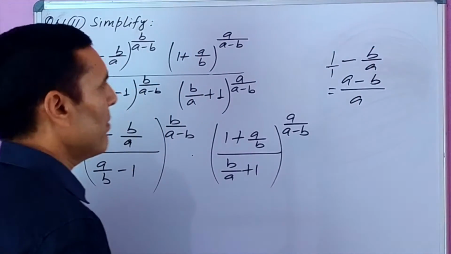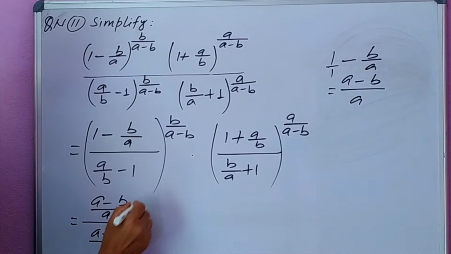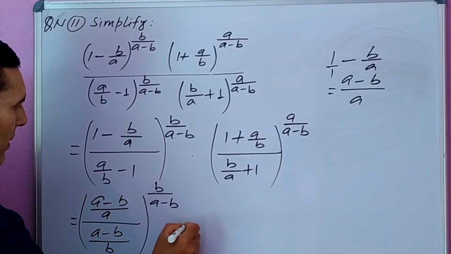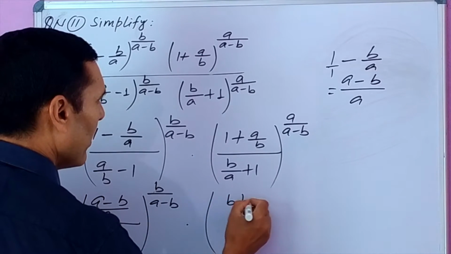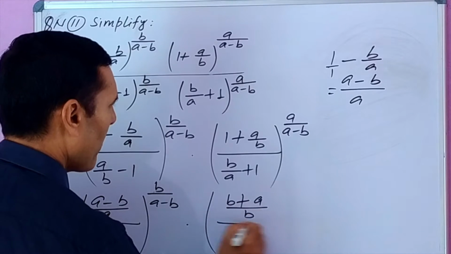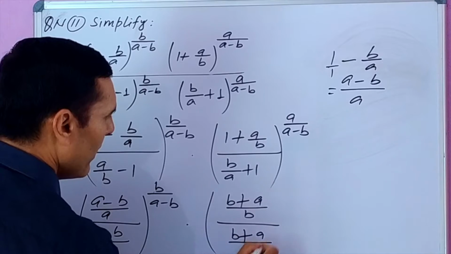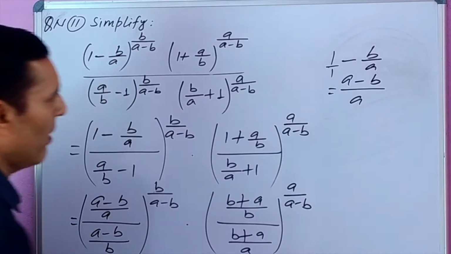So it is a minus b upon a. Similarly, here it is a minus b upon b whole to the power b upon a minus b. Second bracket, it is b plus a upon b. It is b plus a upon a whole to the power a upon a minus b.